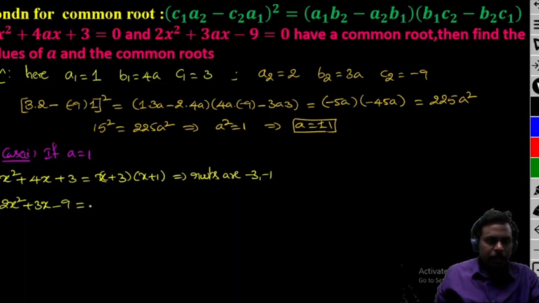This can be written as 2x square plus 6x minus 3x minus 9 is equal to 0.